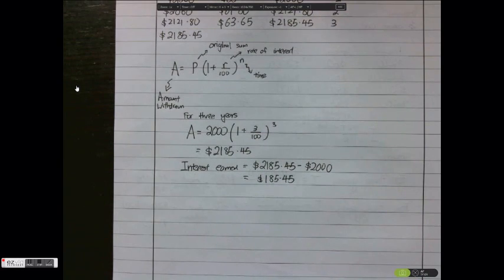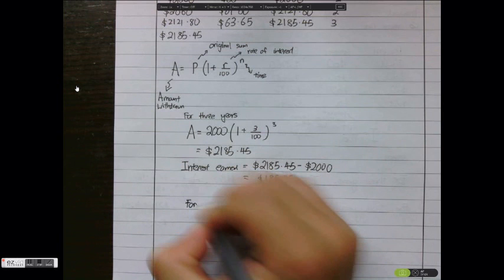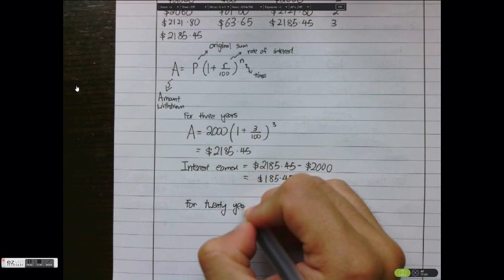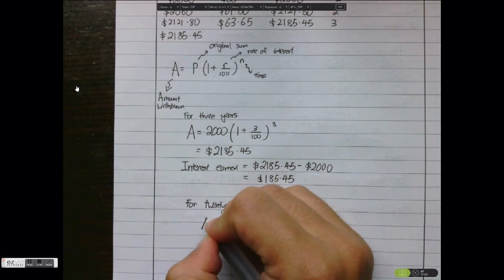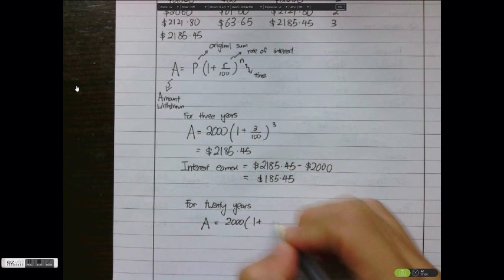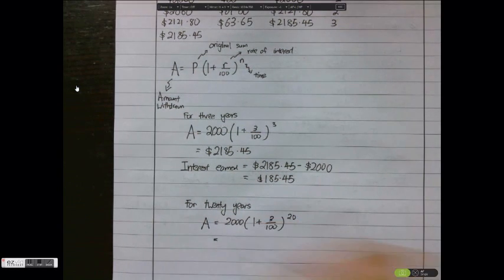Why is this formula good? Because just like simple interest, sometimes you may have to work with figures like 20 years. For example, if I leave my money in the bank for 20 years, A equals 2000 times 1 plus 3, that's the interest rate of 3% per annum, to the power of 20.